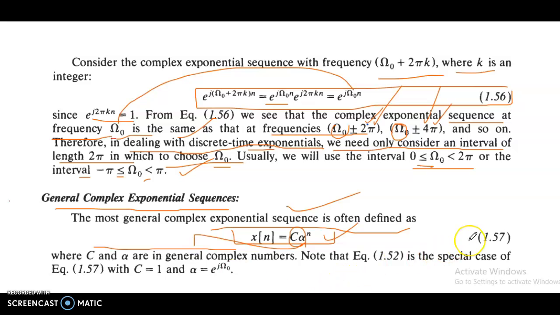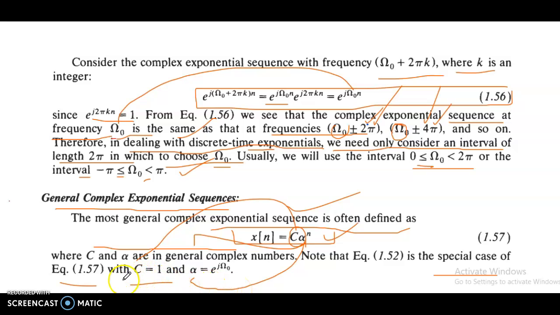Note that equation 1.52 is the special case of equation 1.57 with c equal to 1 and alpha equal to e power j omega naught.